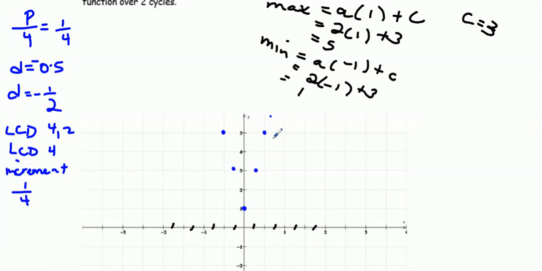Back up over half a square and up there. And it wants 2 cycles, so I'm just going to repeat that. So I'm going to go back down to my equation of my axis, back down to my min, halfway up, and there we go.